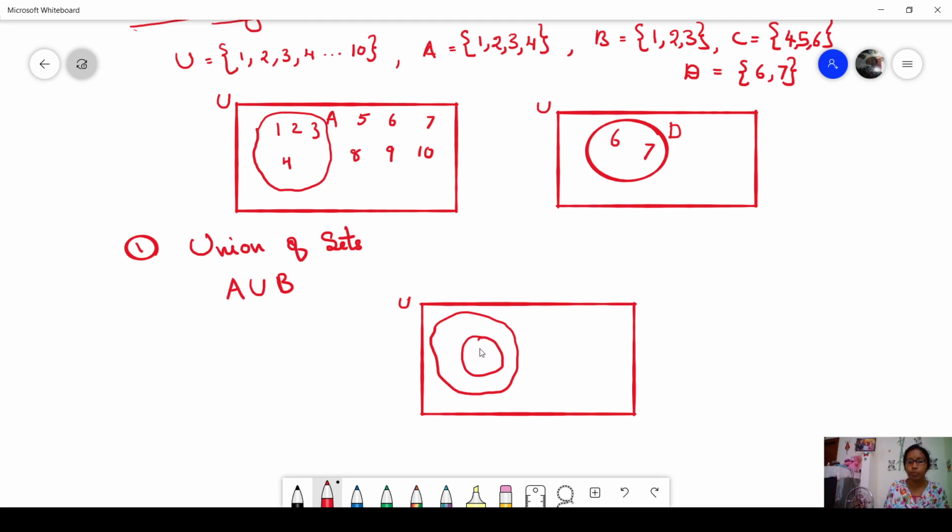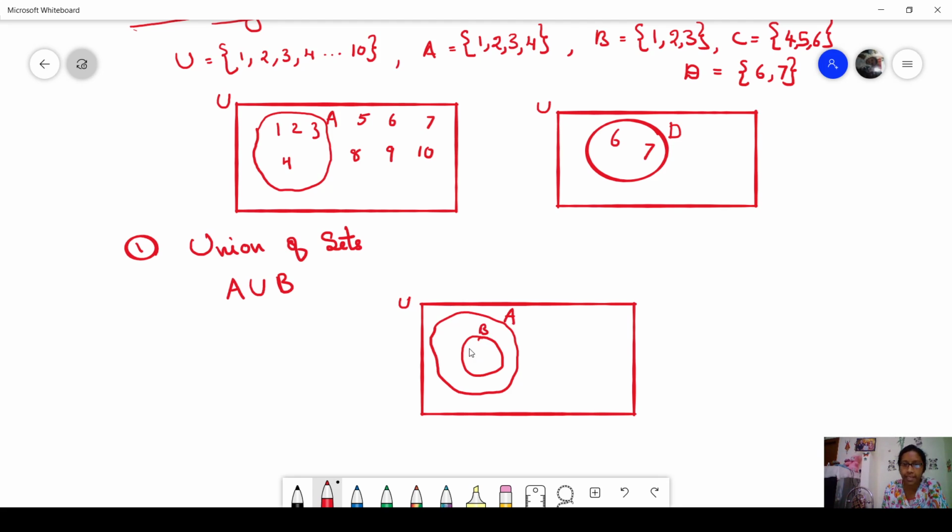So we can draw A, and A can be drawn like this. B like this.